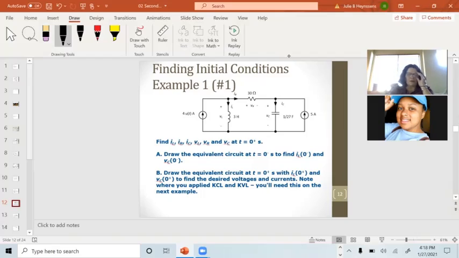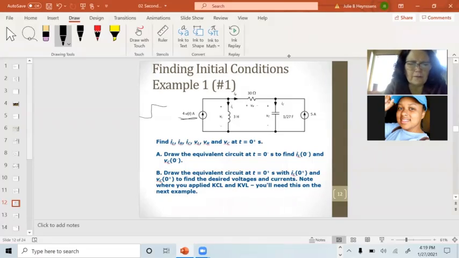Okay, so this is a finding initial conditions problem. I think I want to do this in bamboo paper because I actually wrote this up. The only thing here for this circuit that looks kind of strange is this current source, which says it's 4 U of t amps. And remember, U of t is that unit step function.